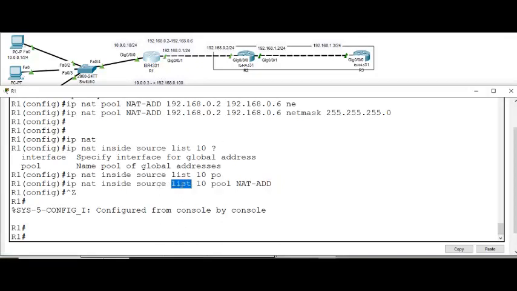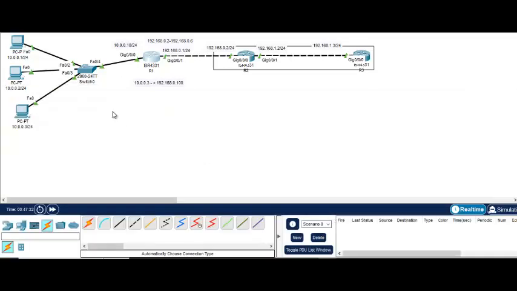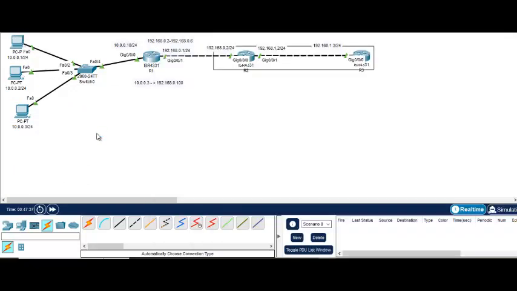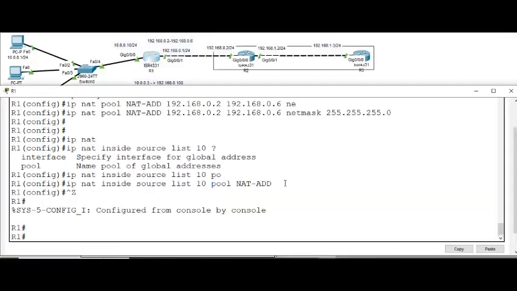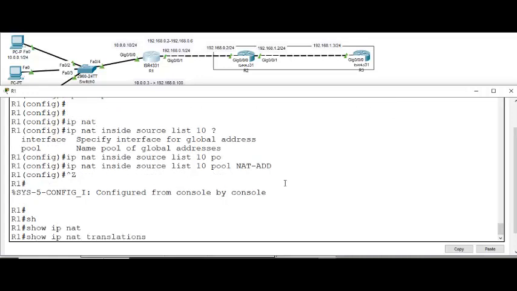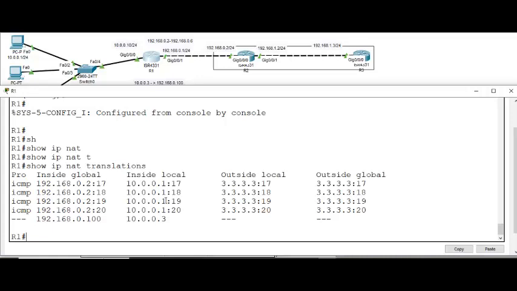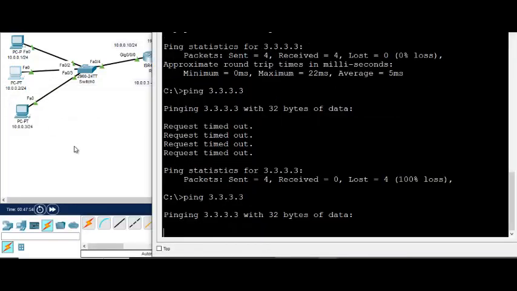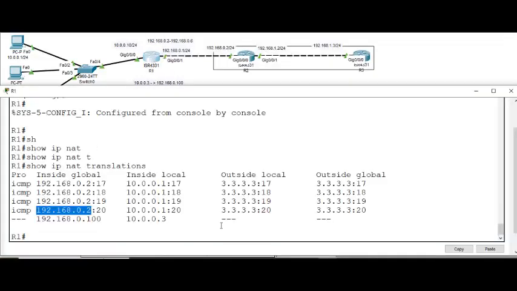When I ping from this computer, the second address in the pool will be given. You see, the second address from the pool is given. Got it? But when I say overload, for all, the first address will be given. It won't use a second address. It can use just one address from the pool for 65,000 people. Now you are very clearly seeing the first computer is given the first IP address, the second computer is given the second IP address from the pool.